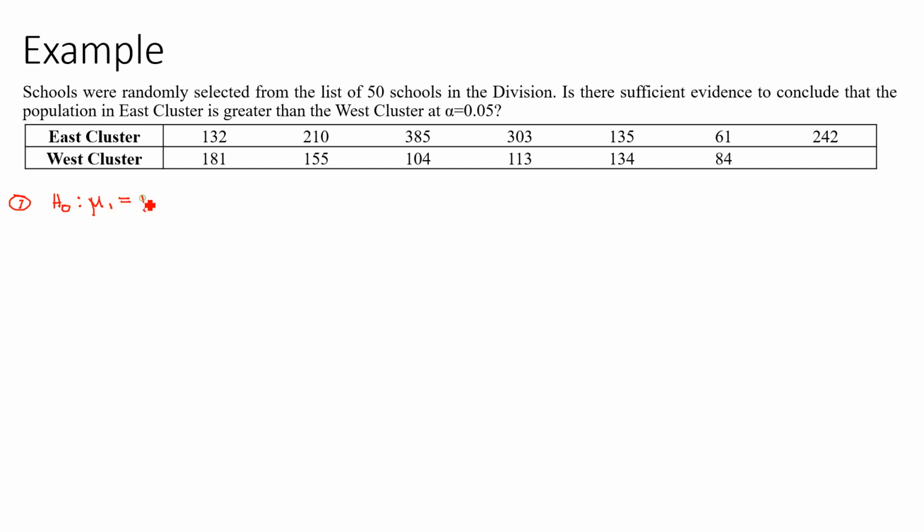Our alternative hypothesis, which is the claim, is that the population mean of the first group, the East cluster, is greater than the population mean of the West cluster.